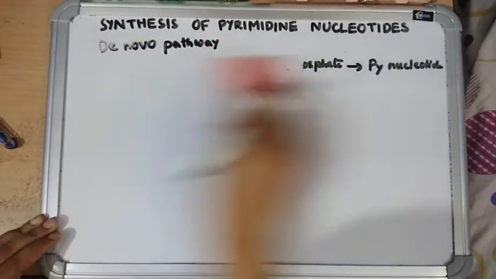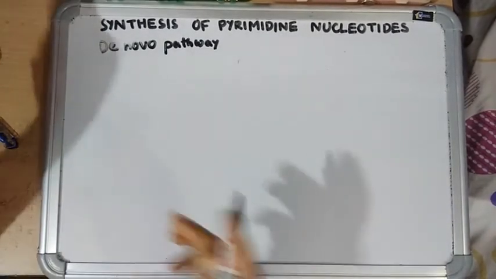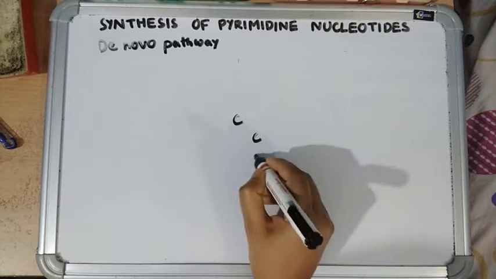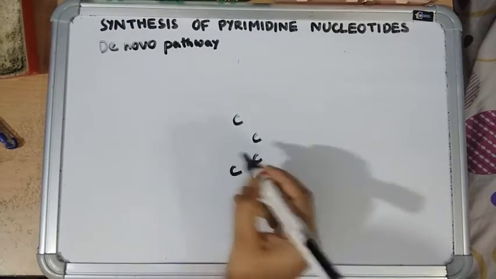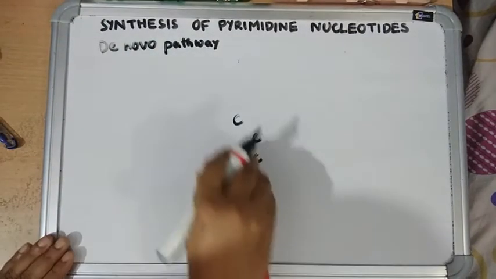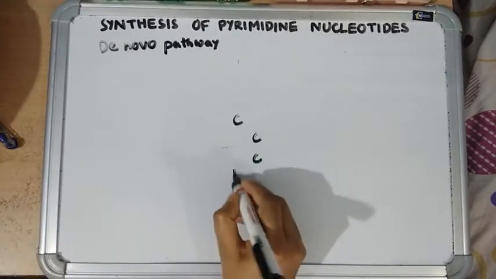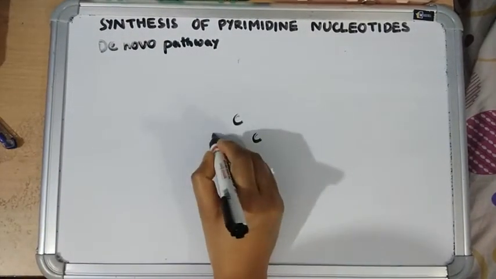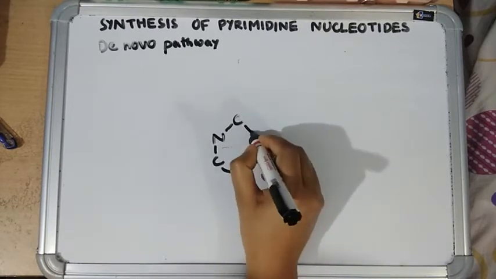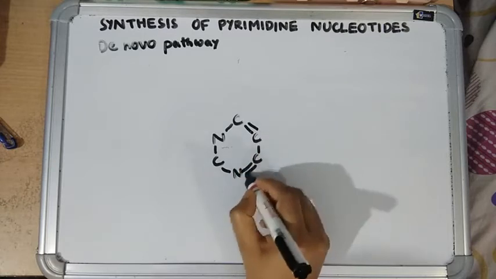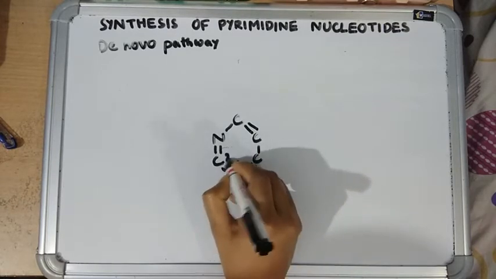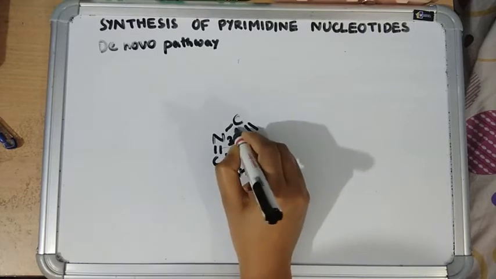Now, pyrimidine ring is a 6-membered ring. Atoms are numbered in clockwise direction.